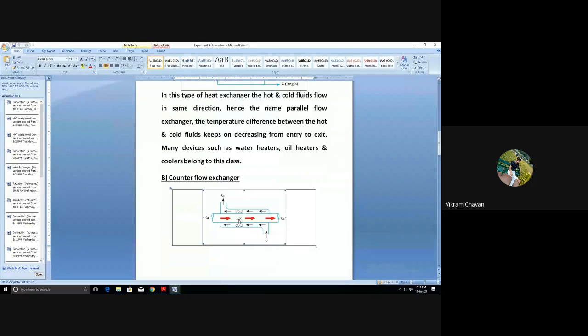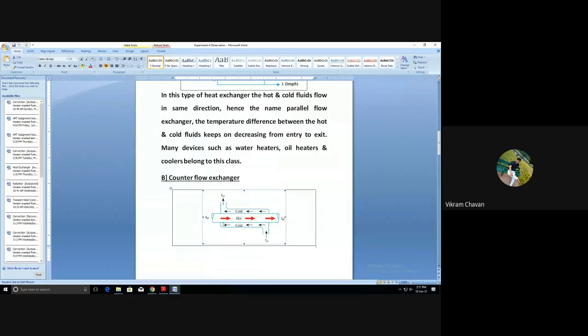Where the hot fluid entry to the heat exchanger is there, on that side the cold fluid is leaving the heat exchanger, and where the cold fluid entry is there, on that side the hot fluid is leaving the heat exchanger.